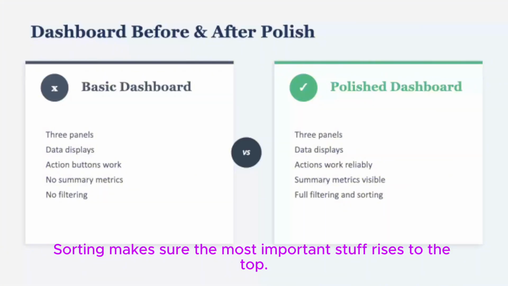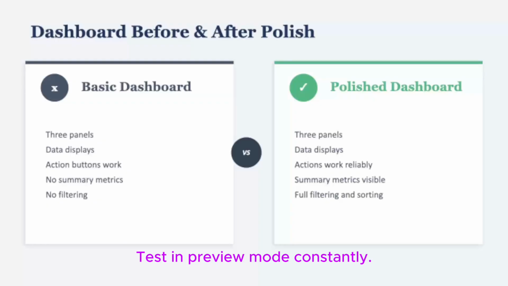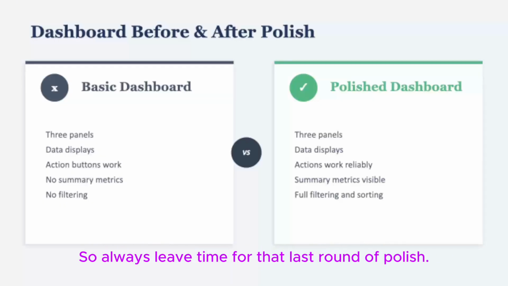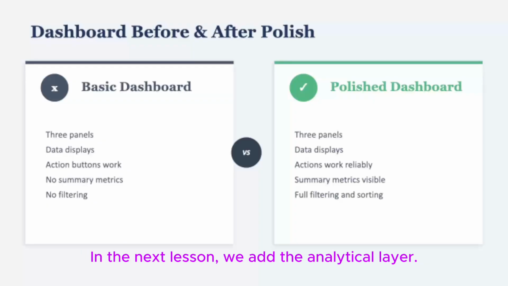Sorting makes sure the most important stuff rises to the top. Test in preview mode constantly, that's your quality control. These additions may take 5 minutes, but they dramatically improve the experience. So always leave time for that last round of polish.